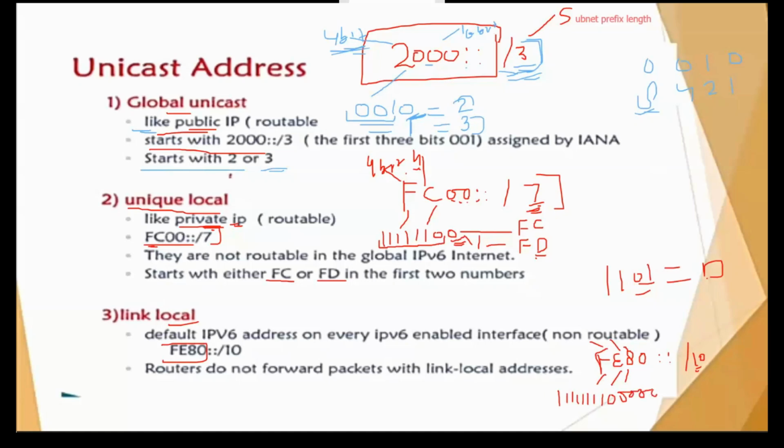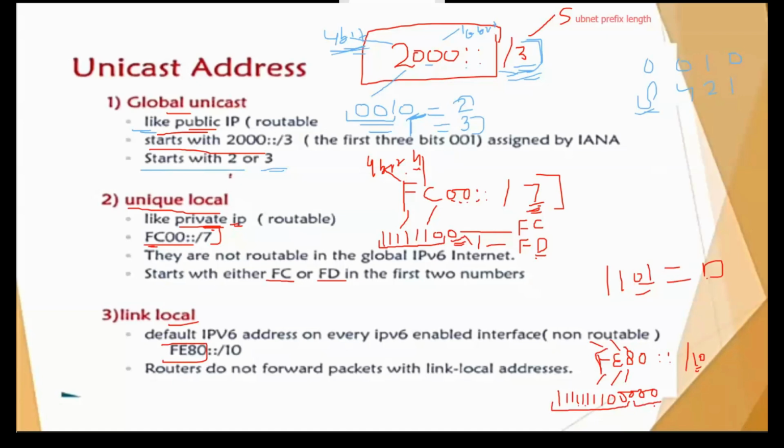So 0 4 times, that will be the value. And here /10, starting 10 bits you can't change. That means 4, 5, 6, 7, 8, 9, 10. So that much value you can't change. Only you can make changes in these values.